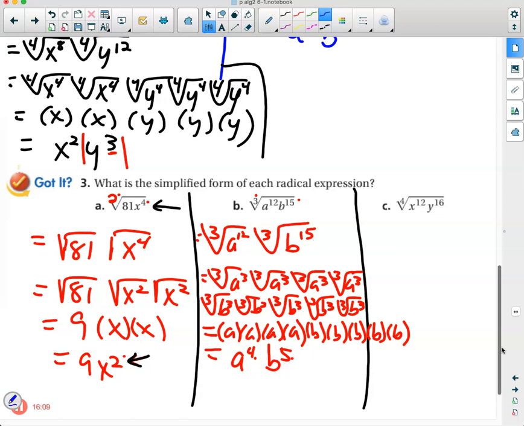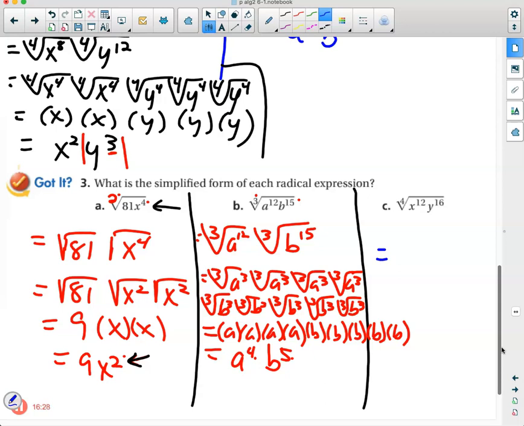So for C, I should go back to B for a second. Remember that that was cubed roots, so that does not need absolute value bars, only even roots. All right, so now we have a fourth root. And let's just say we noticed that pattern.